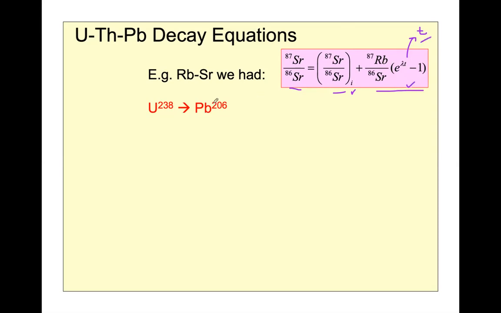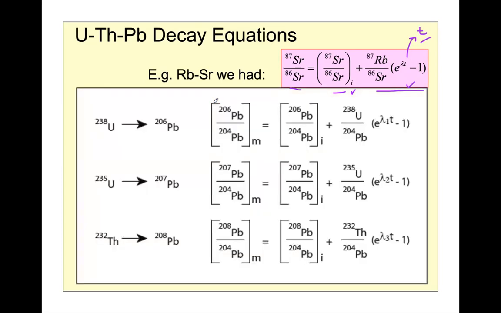Similarly, you can construct equations for uranium-lead systems. Here you have the 238 system. 238 produces 206. So therefore, 206 divided by 204, where 204 is the reference isotope that we use to normalize, right? The measured composition should be equal to the initial lead 206 isotope composition plus the radiogenic product of 238 decay.